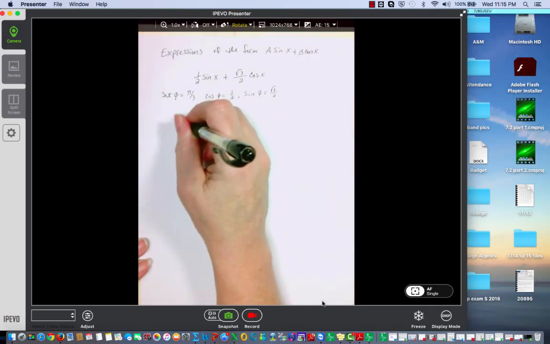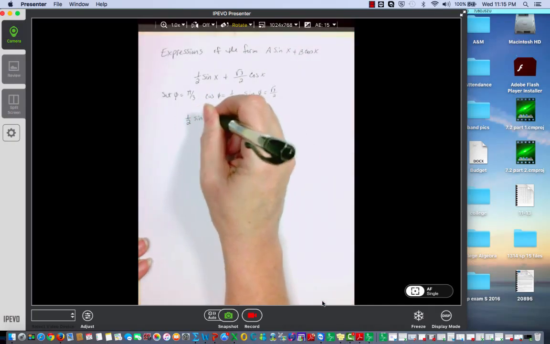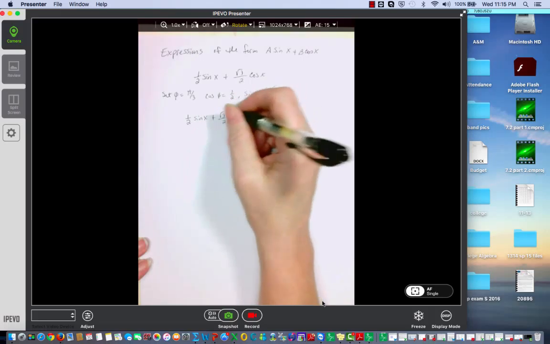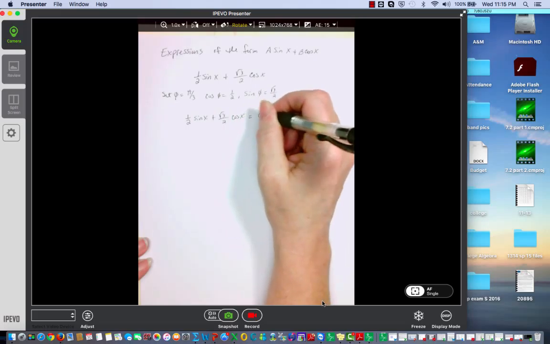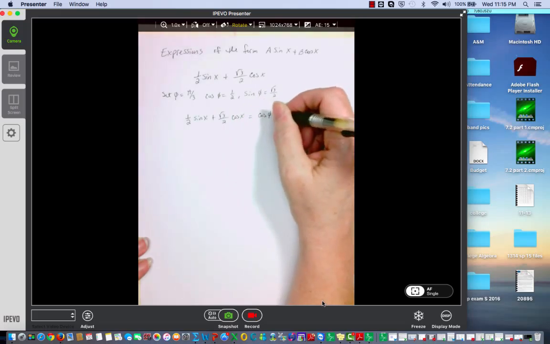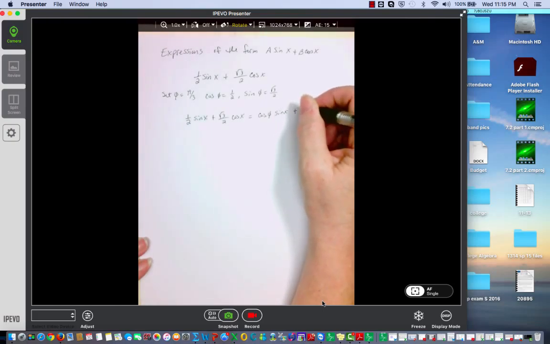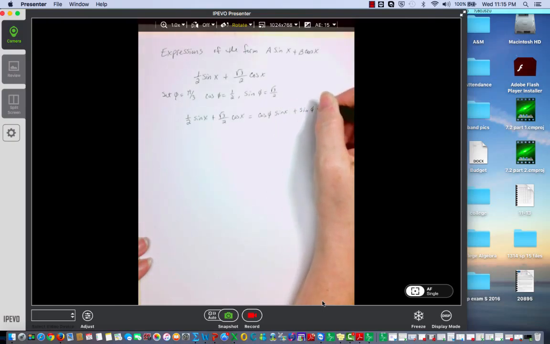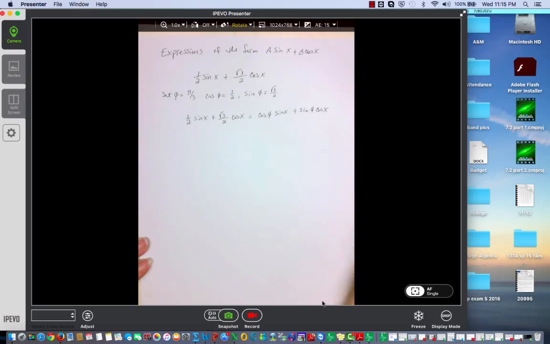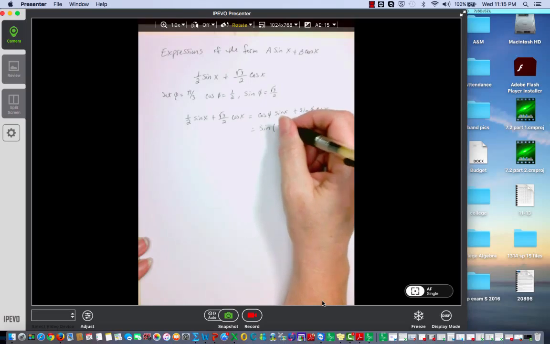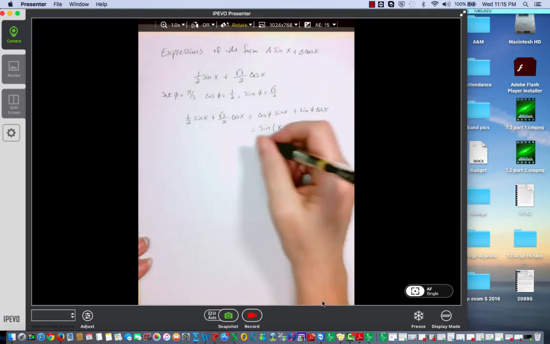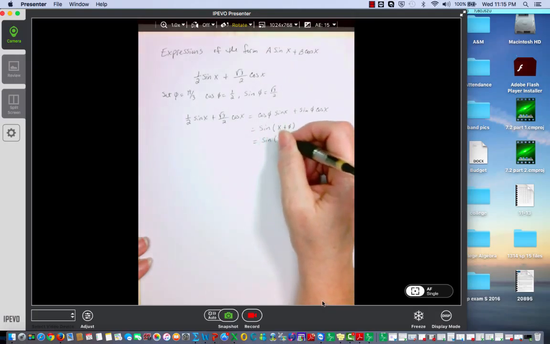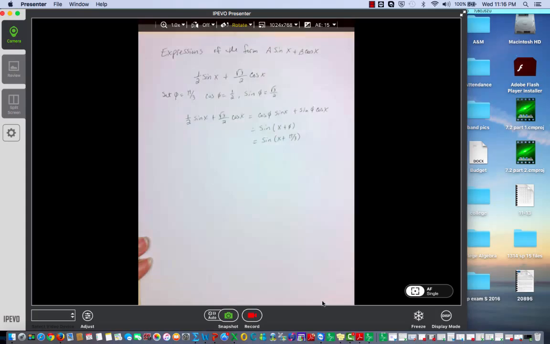So then we would have 1/2 sine x plus the square root of 3 over 2 cosine x is equal to cosine phi sine x plus sine phi cosine x. Well, that will equal the sine addition formula of x plus phi. So that would equal the sine of x plus pi over 3.